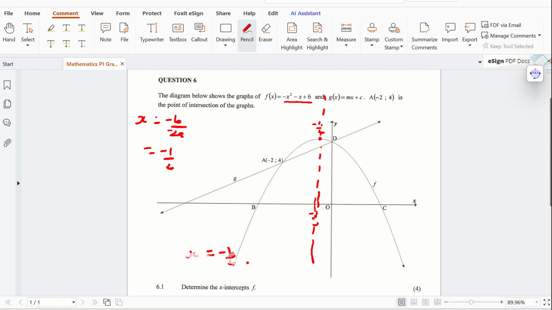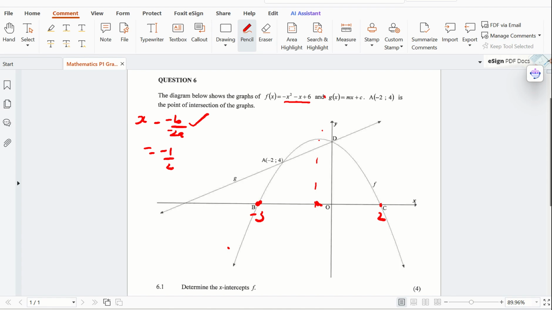Since the x coordinate of B is minus 3, while the x coordinate of C is 2, I told you already, if you have the x intercepts and you want the x coordinate of the turning point, you won't even have to use this formula. You can use the midpoint, because the turning point is halfway between these two intercepts.